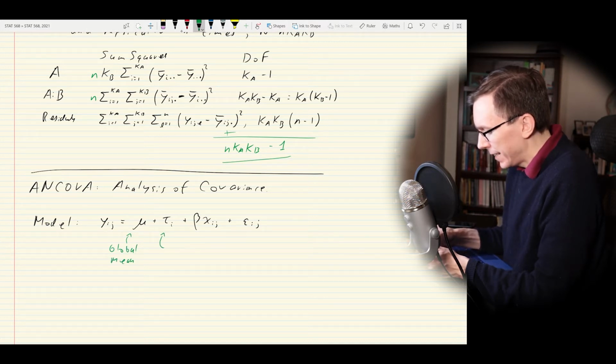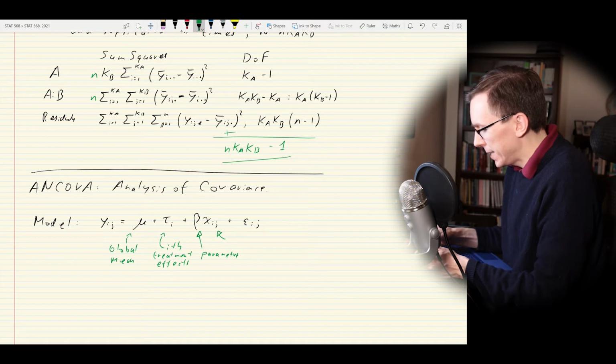We have the ith treatment effect, the thing that we're actually maybe interested in studying. And then what we're going to have is beta. Beta is a parameter. And X_ij is going to be the ijth covariate measurement.